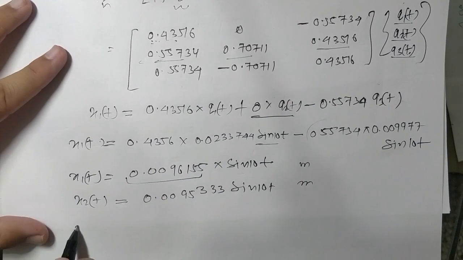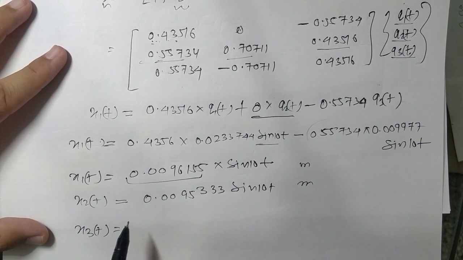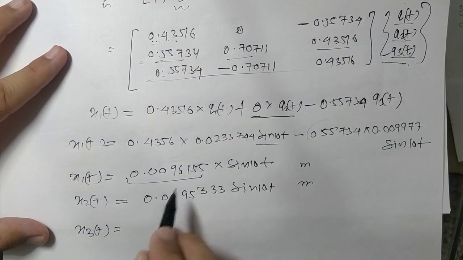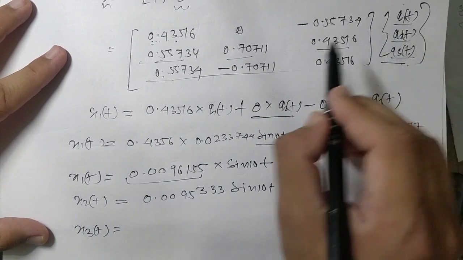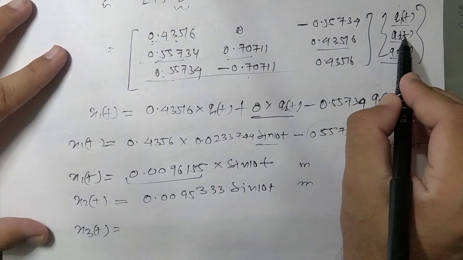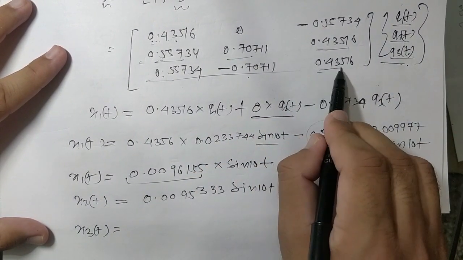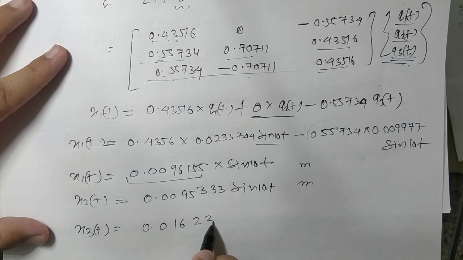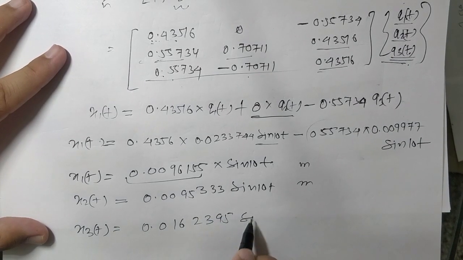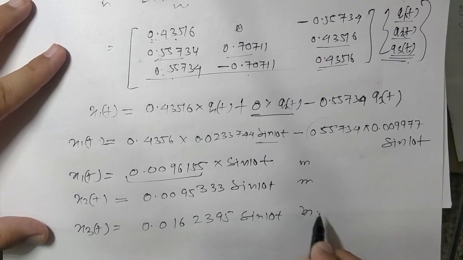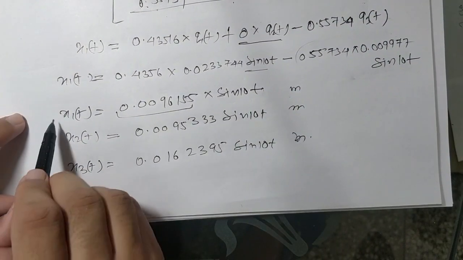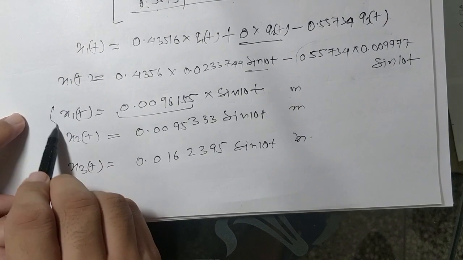Similarly, x3(t) can be found using the third row of this equation: this multiplied by q1(t), minus this multiplied by q2(t), and plus this multiplied by q3(t), and we will have 0.0162395 sine 10t meter.